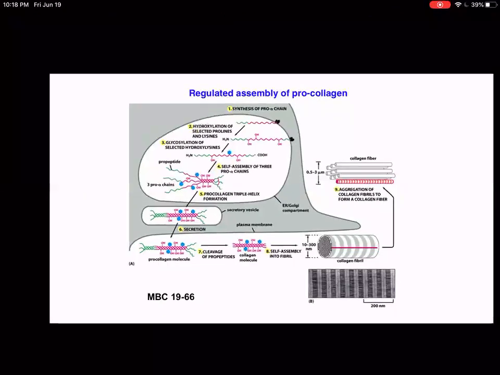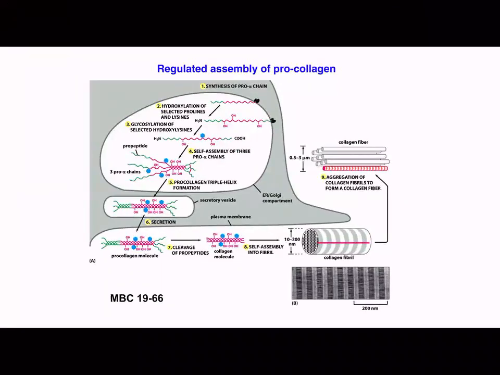Okay, so this is about how the collagen triple helix and fibers are regulated and then assembled together, and that is actually occurring in the ER here, and from the ER to the Golgi network.